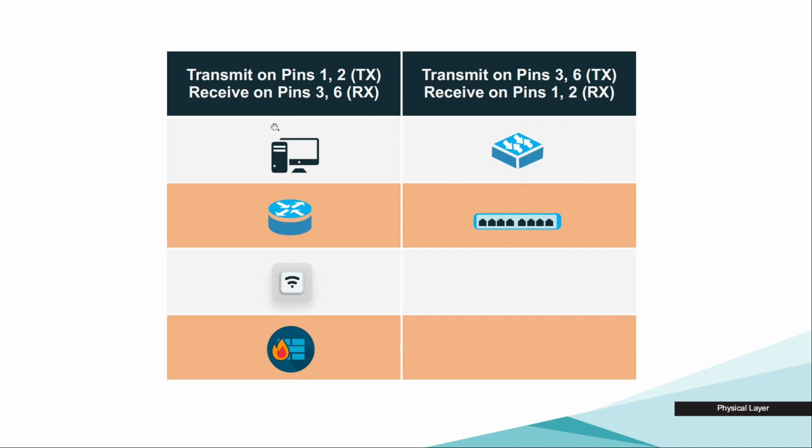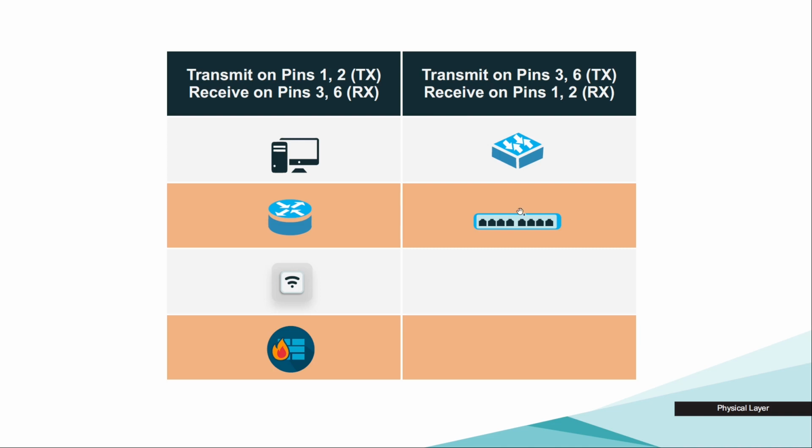We have the first category here, the devices that transmit data on pins 1 and 2, receiving data on pins 3 and 6. We have a desktop, router, access point, and the firewall. The second category is the devices transmitting data on pins 3 and 6 and receiving data on pins 1 and 2. We have switch and the hub.